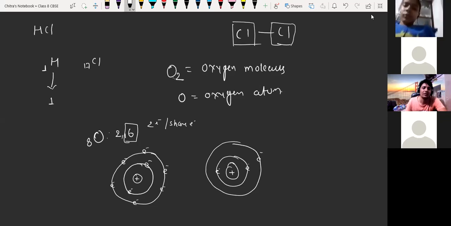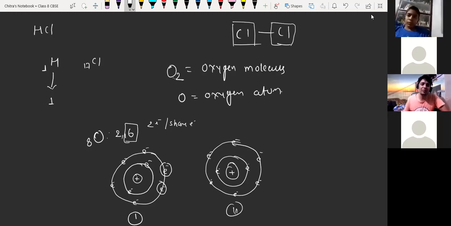Two electrons are going to revolve in the shell of the first oxygen atom as well as the shell of the second oxygen atom, like this.